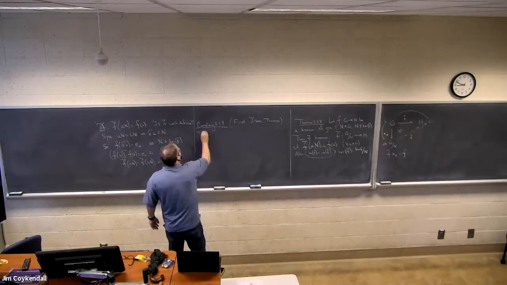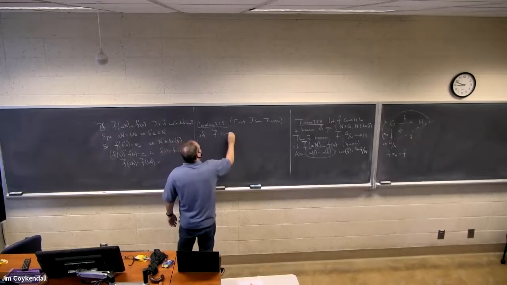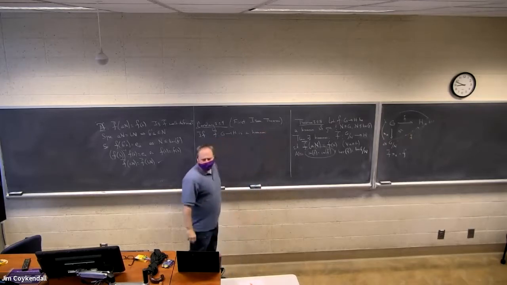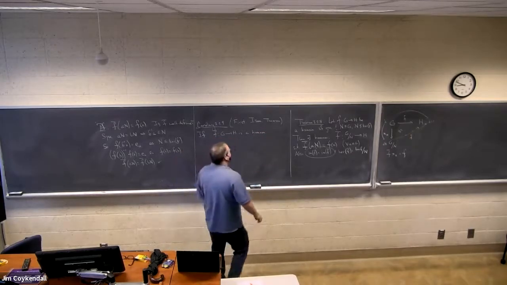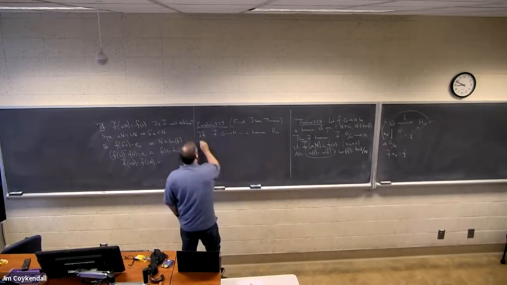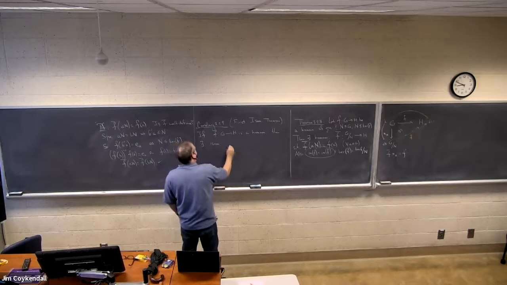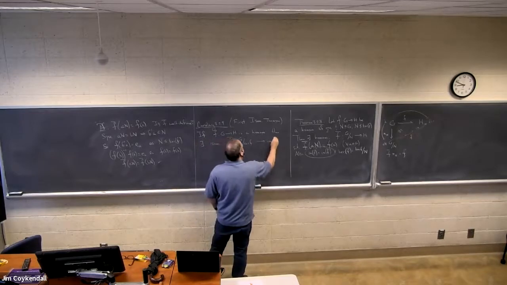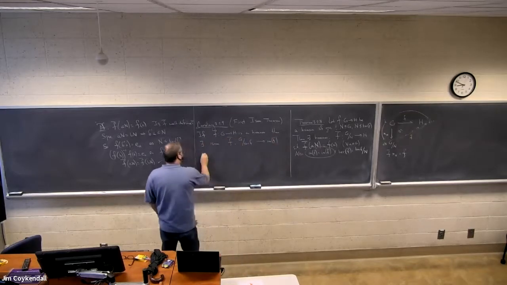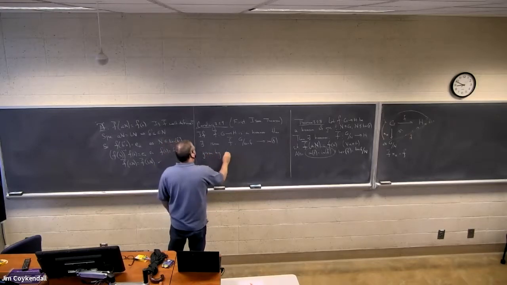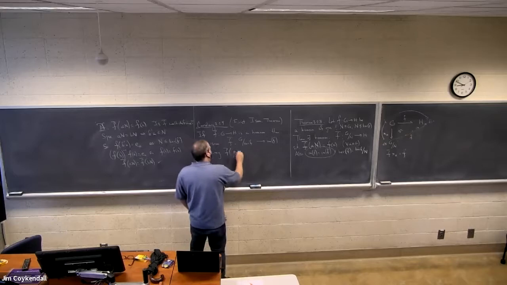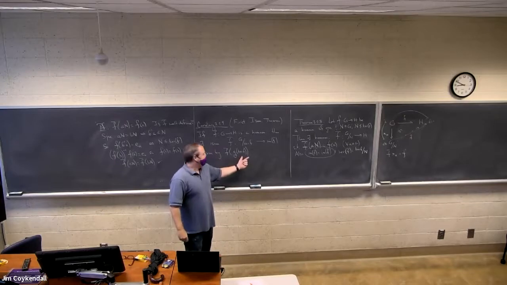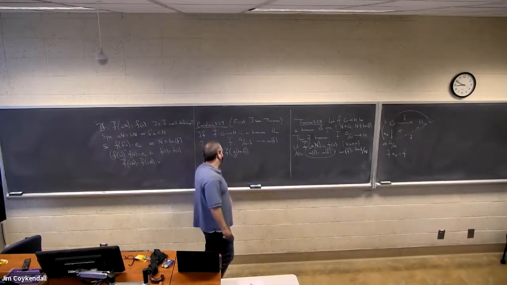If F is a homomorphism, then F induces an isomorphism from G mod the kernel of F, given by F bar, say G mod kernel of F. Let me remind you that the kernel is a normal subgroup, so this is a set of cosets.